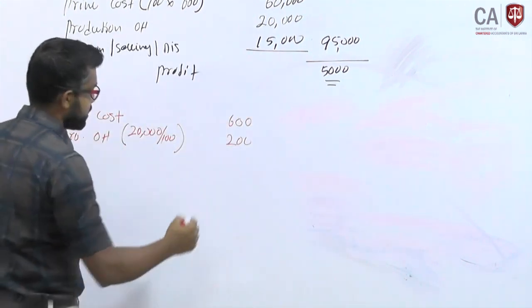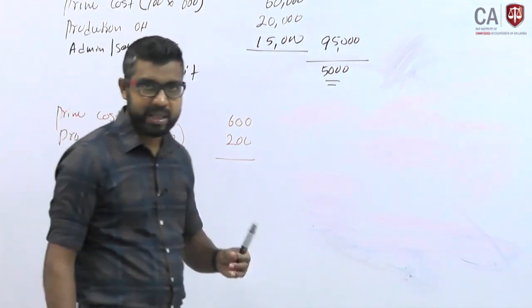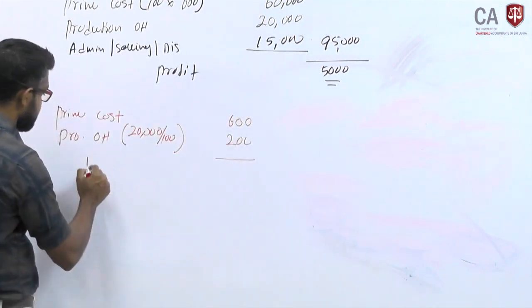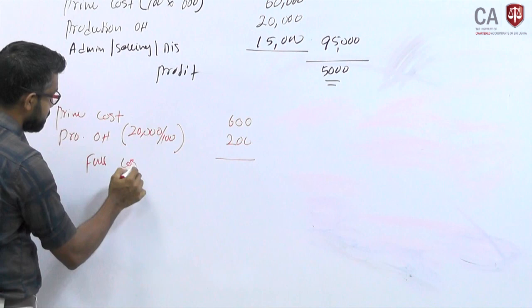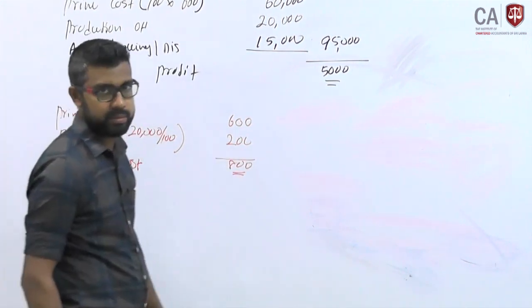This is the full production cost, because variable cost plus production overhead cost is called full cost, 800.